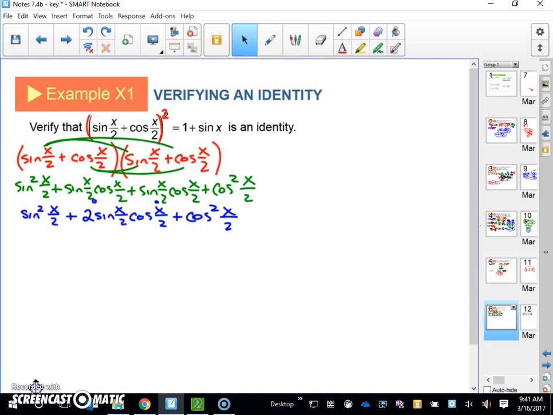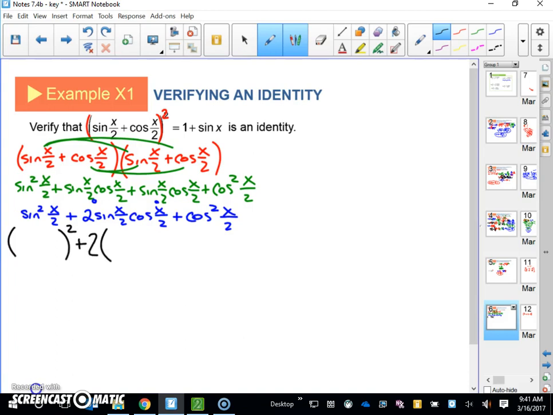So I'm going to show you the hard way first, and then I'm going to come back and show you the easier way. Let's say we didn't notice the sine squared plus cosine squared in there. We just see a whole bunch of half-angle identities. And so what I've got is a half-angle identity squared plus 2 times a half-angle identity times another half-angle identity plus a half-angle identity squared.